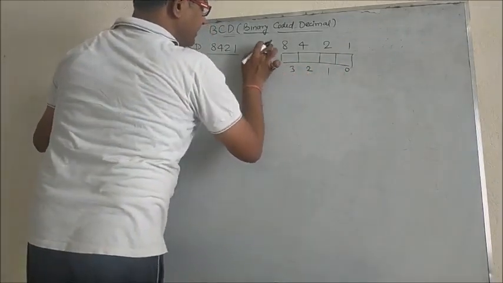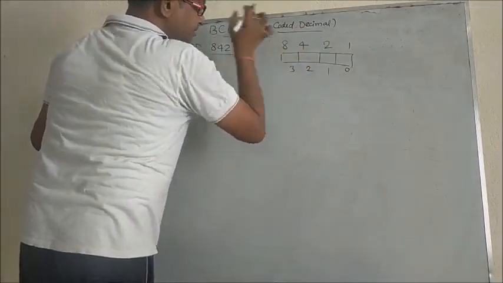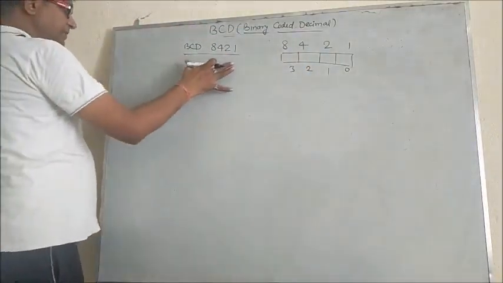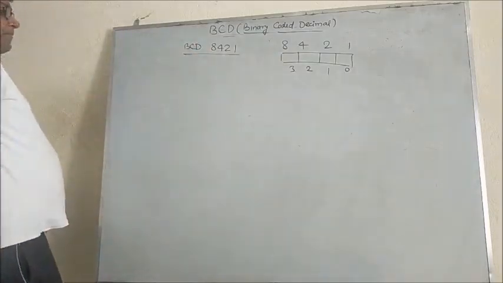So 2 raised to power 3 is 8, 2 raised to power 2 is 4, 2 raised to power 1 is 2, and 2 raised to power 0 is 1. For that reason BCD is represented as 8421 to represent 4 binary digits.